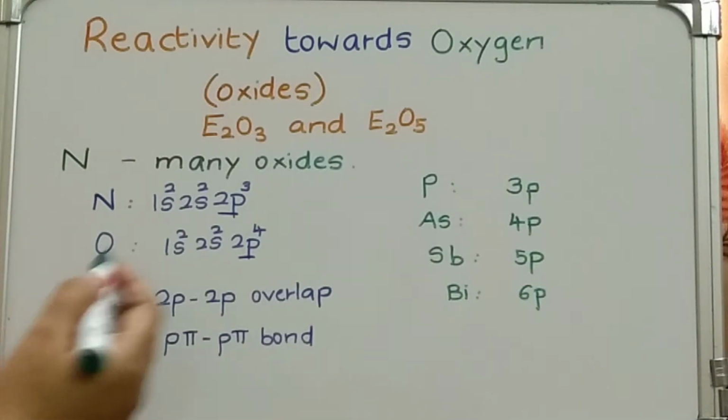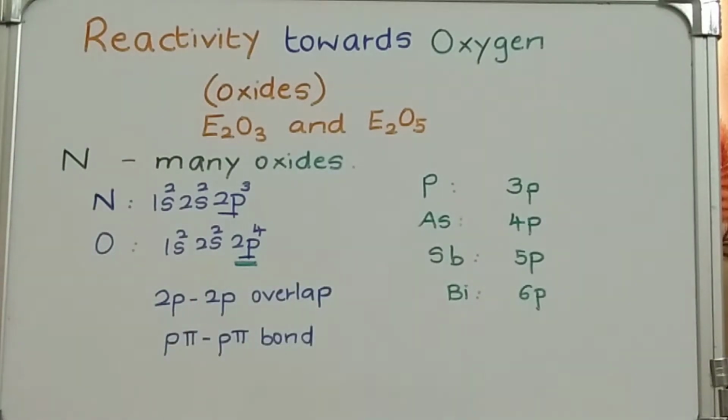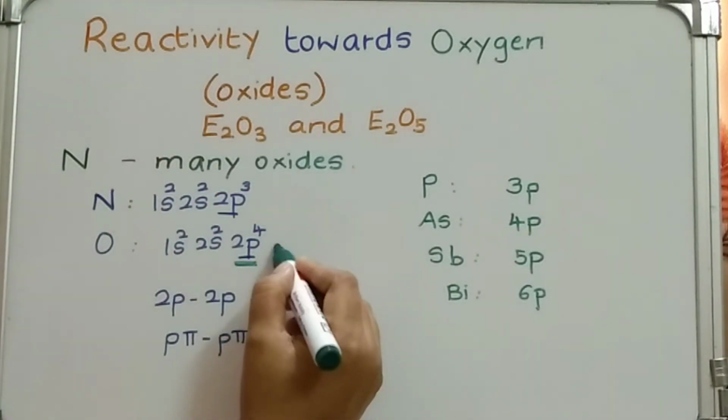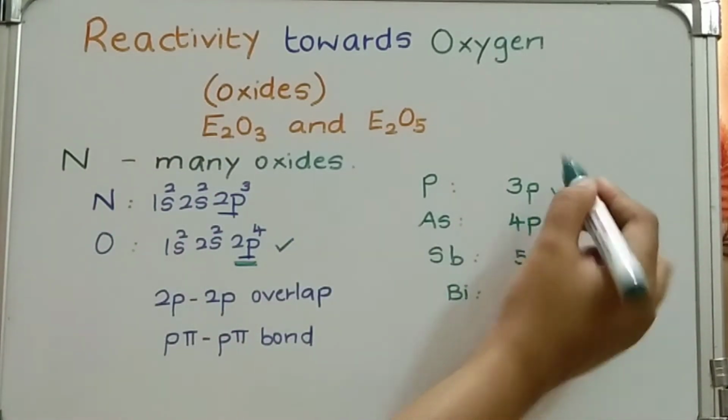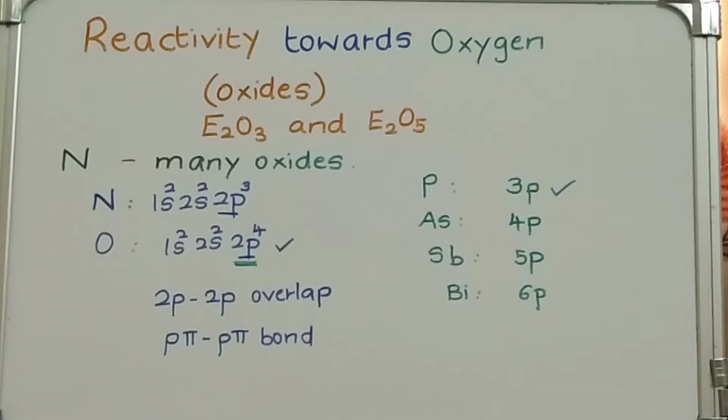Now oxygen has to make bonds with this, and here it is 2p. So 2p of oxygen and 3p of phosphorus. Slight energy difference is there. So it can form 2 or 3 bonds and only 2 or 3 oxides are found.